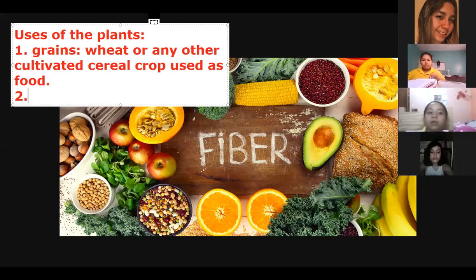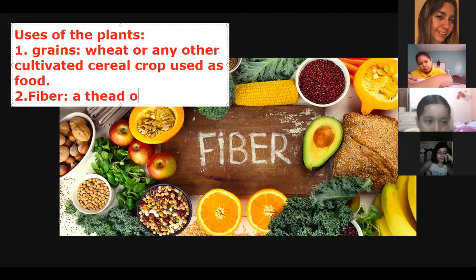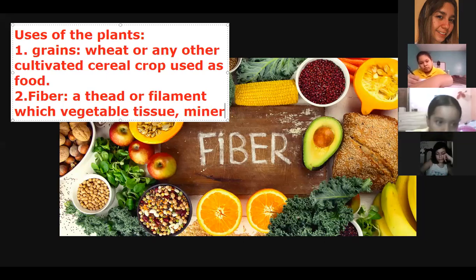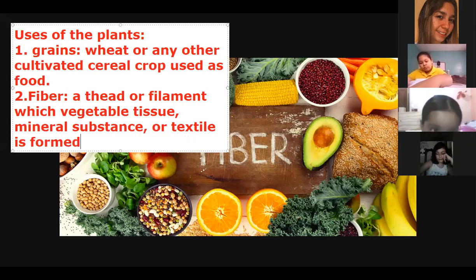Okay, so I'm going to write now: fiber is a thread or filament from which vegetables, tissue, mineral substance, or textile is formed.